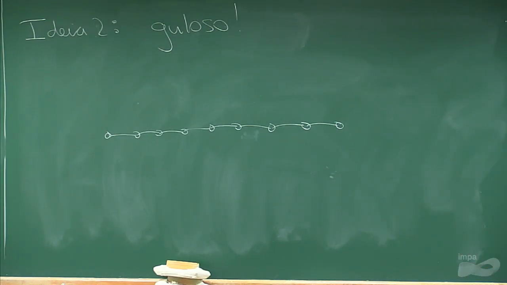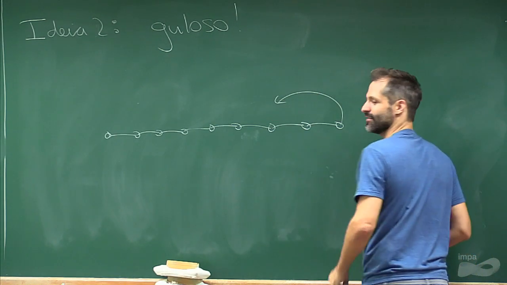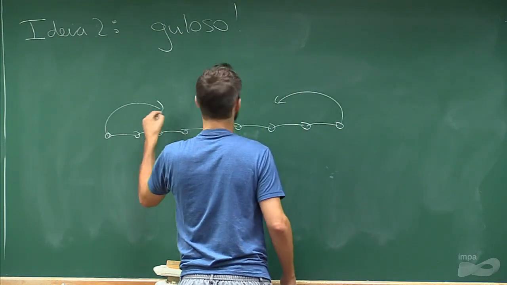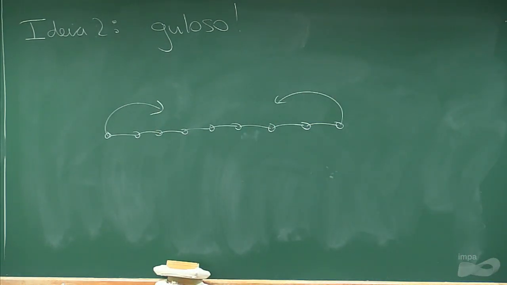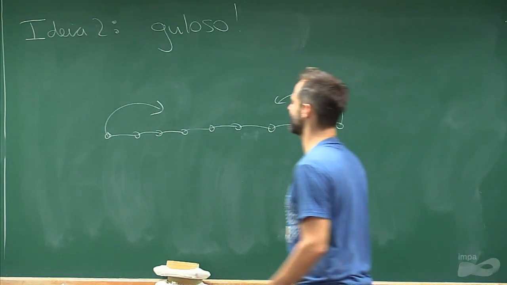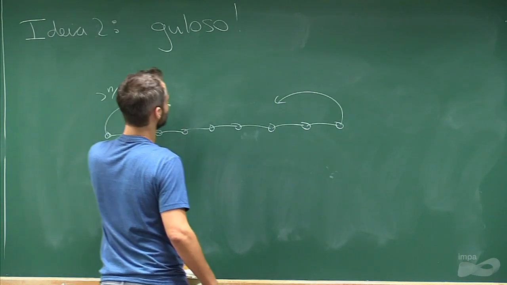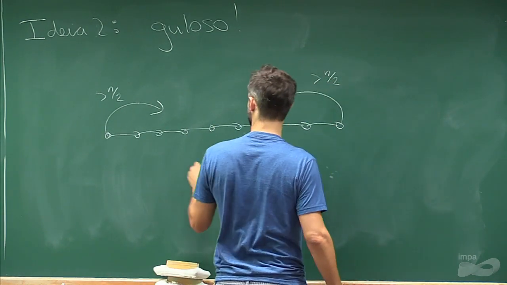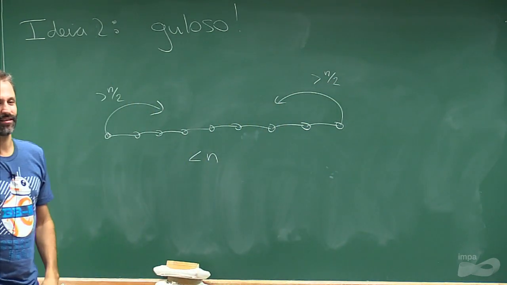So why are you stuck? Every edge goes back. Yeah, exactly. Every edge from here has to go in, and similarly every edge here has to go in, otherwise you could continue the other way. So now what? You know you have more than n over 2 here, and more than n over 2 here, and fewer than n vertices in between.